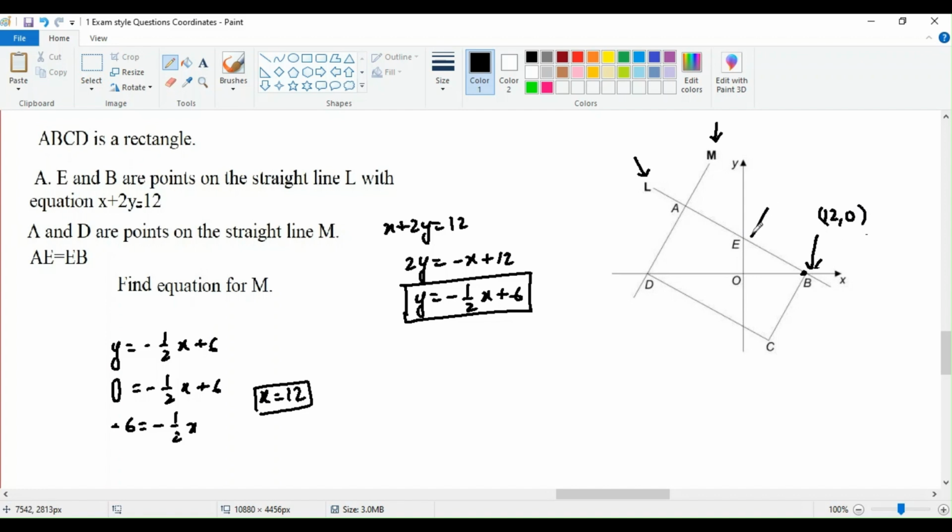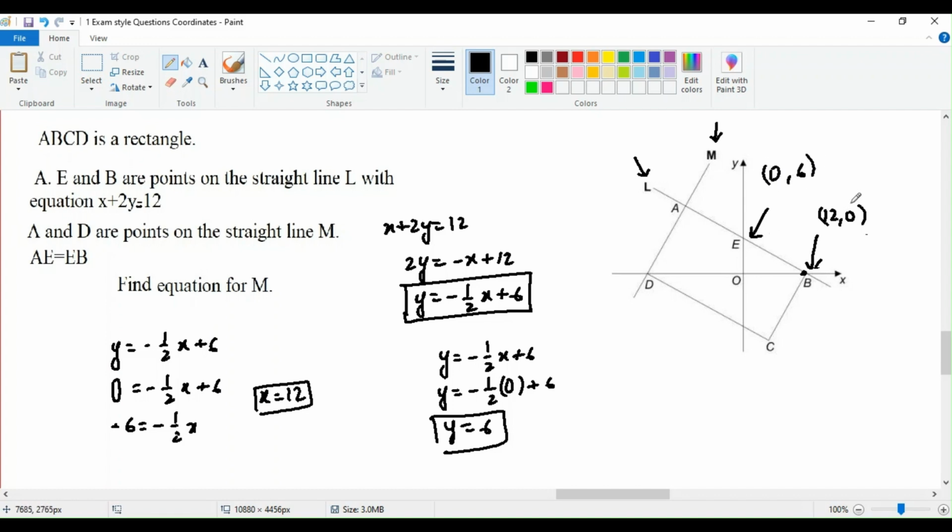Now coming to this point, this is when x is 0. How much is y? In y equals negative 1 over 2 x plus 6, if the value of x is 0, the value of y is 6. So this point is x equals 0 and y equals 6.